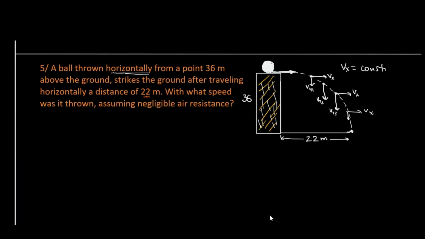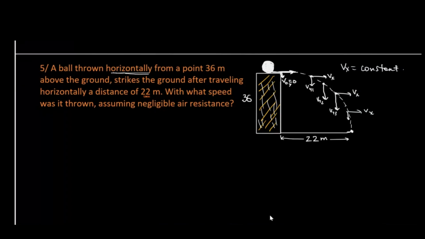This is a very important point that you have to know, right? Now the y component is increasing through the whole trajectory, but at the beginning, v initial was 0 for the y.